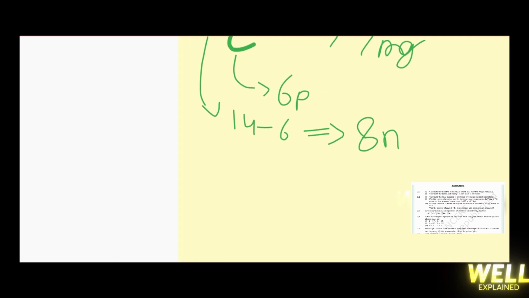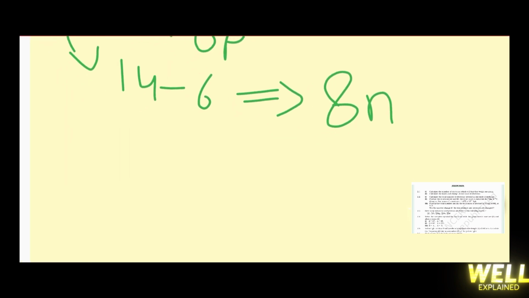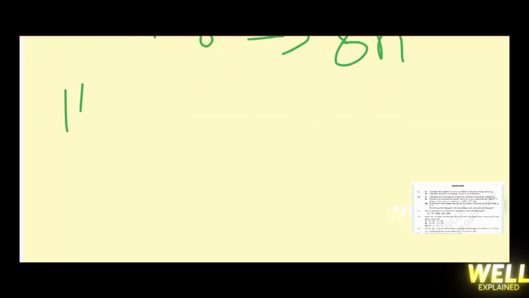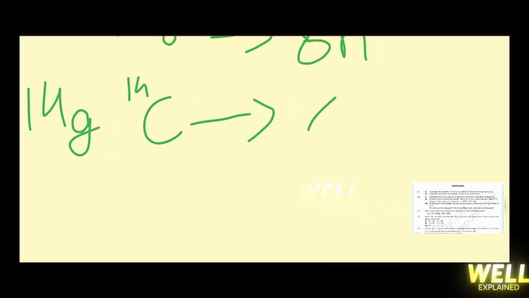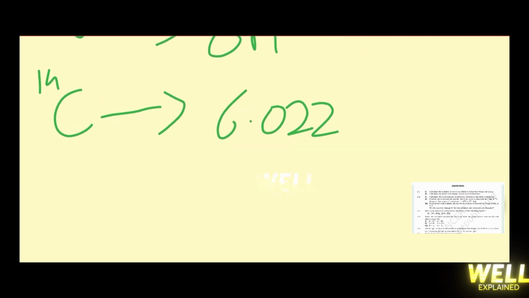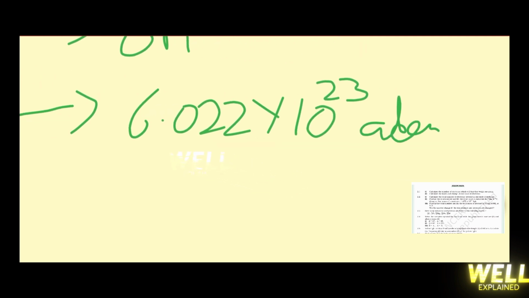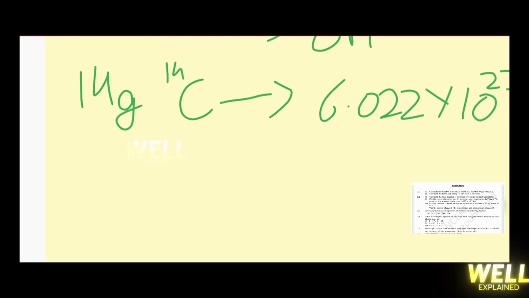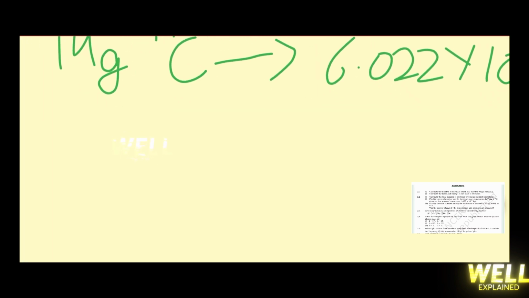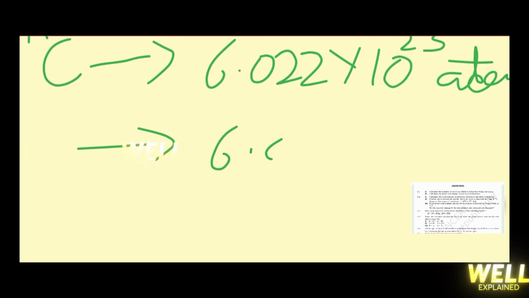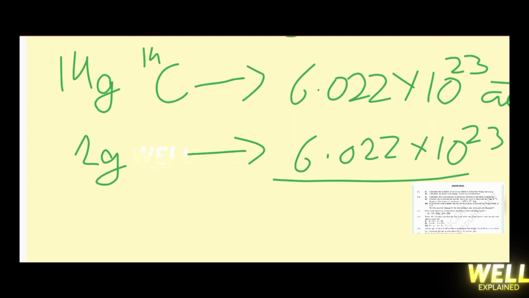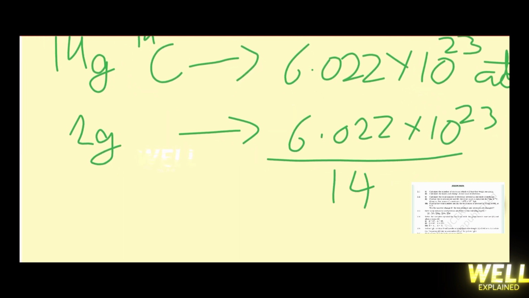Since its mass number is 14, I will have 14 gram of carbon 14, 6.022 into 10 to the power 23 atoms. So 1 gram I will have 6.022 into 10 to the power 23 divided by 14.